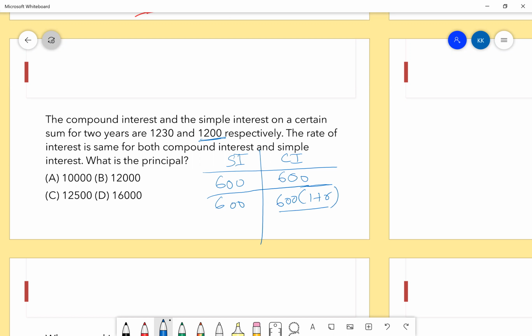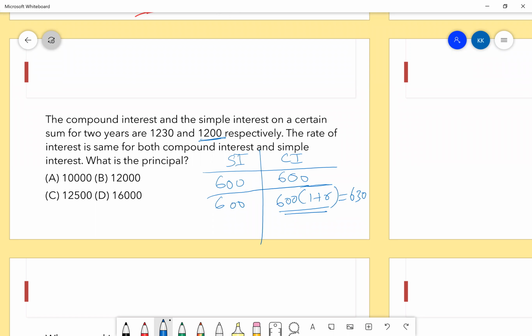Now 600 into 1 plus R is equal to 630. From here, can you calculate the rate of interest? Guys, can you calculate the rate of interest from here?